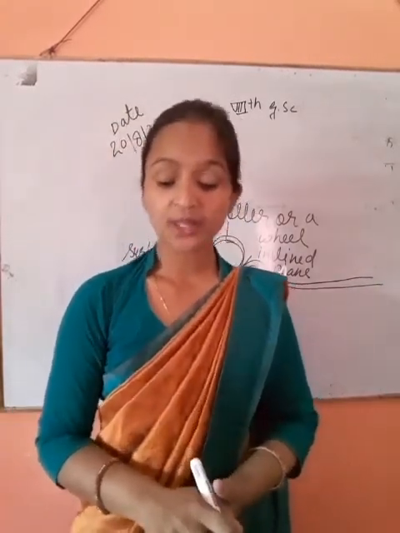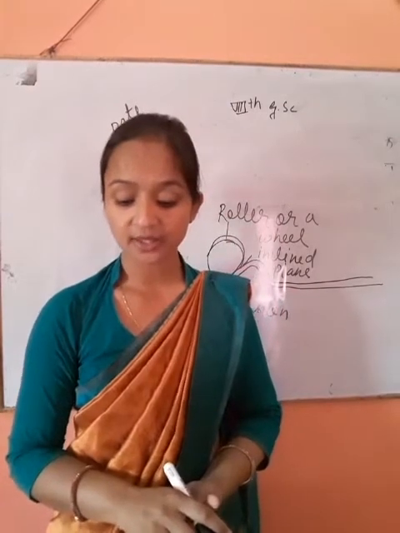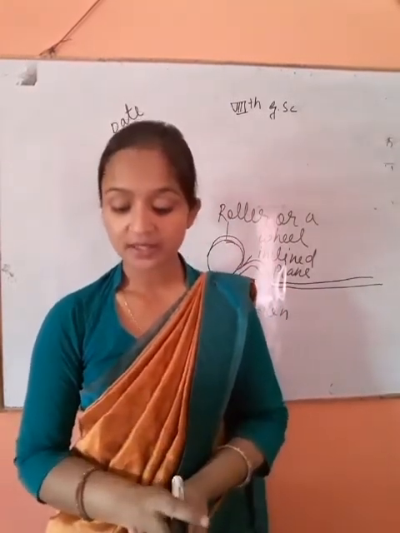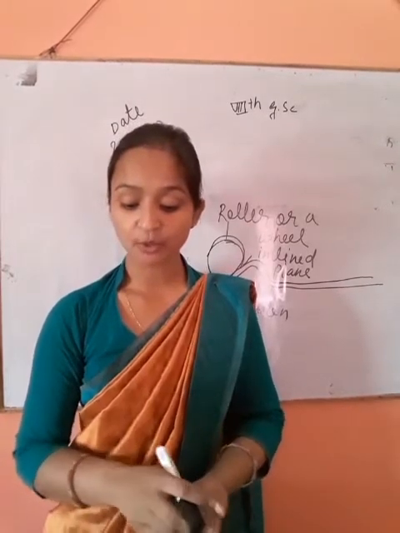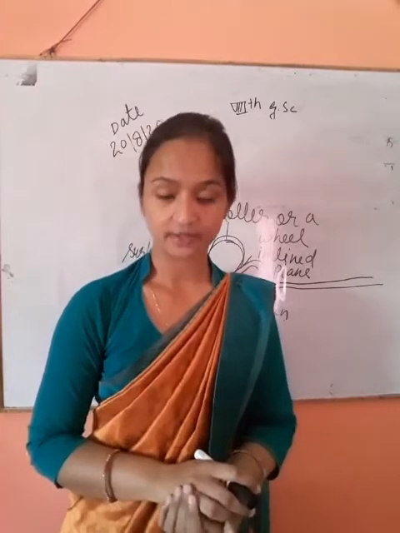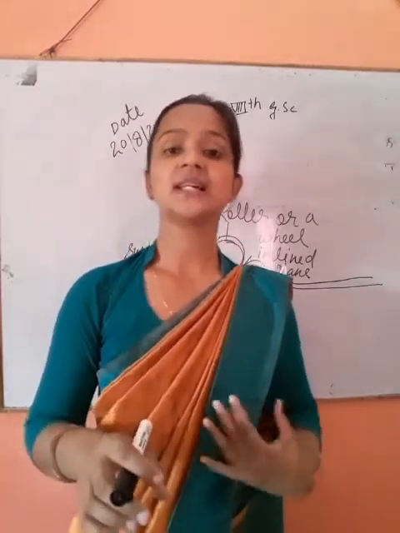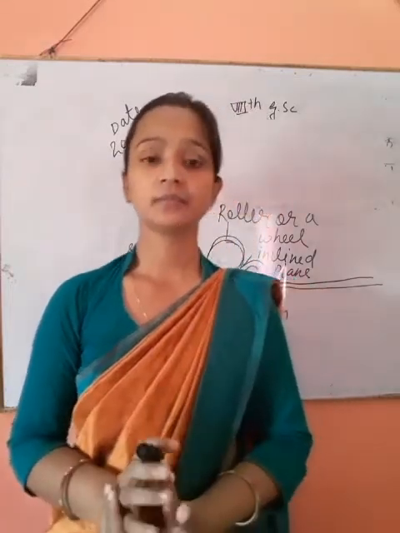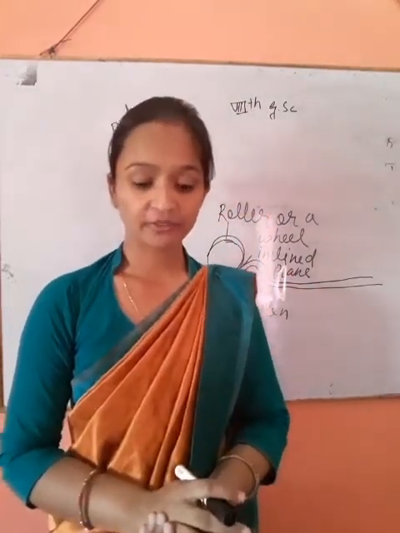And roller skates have tiny wheels. These wheels have very small rolling friction and help in the fast motion of the skater. So these are the examples of rolling friction.